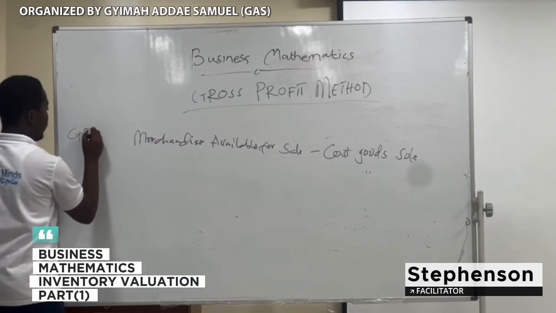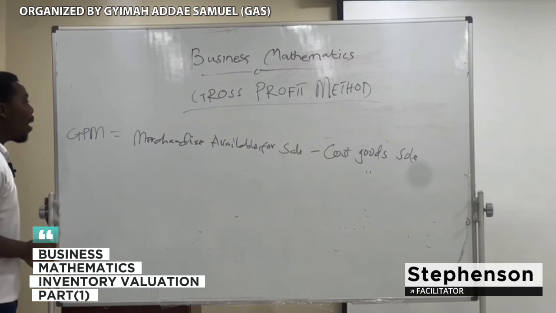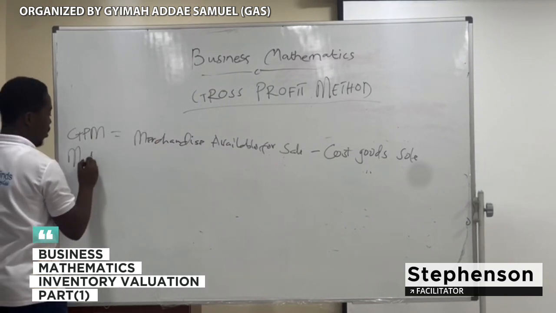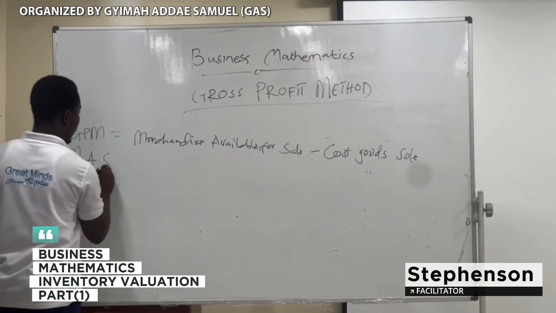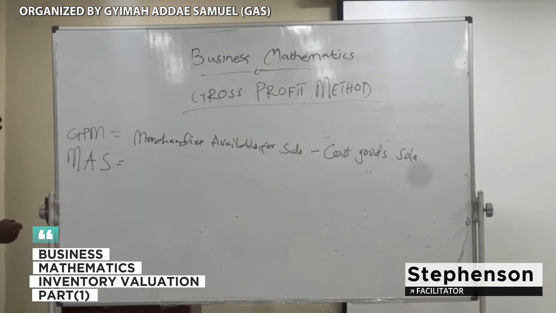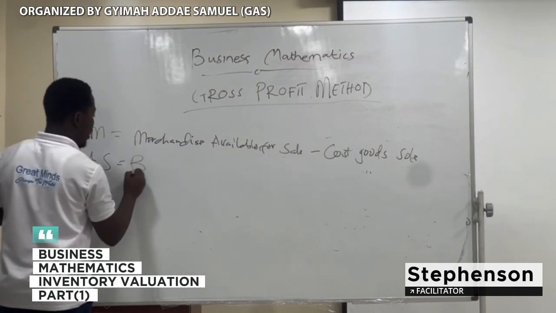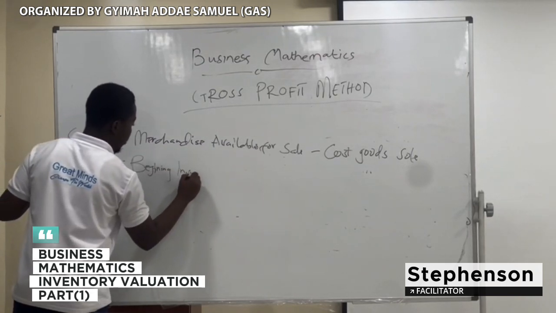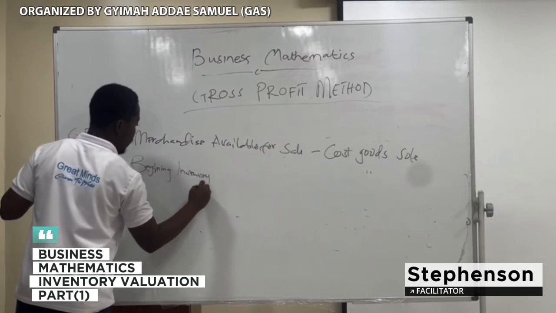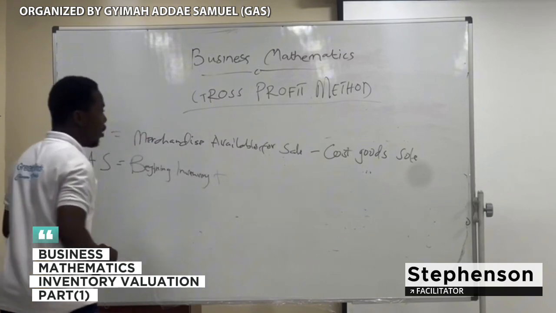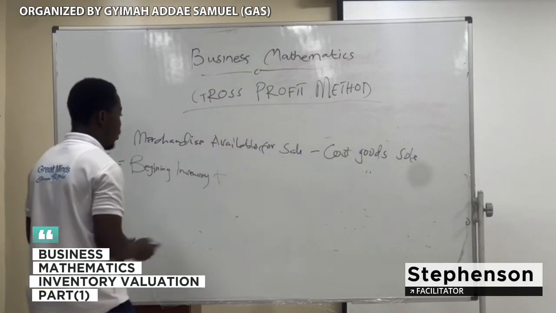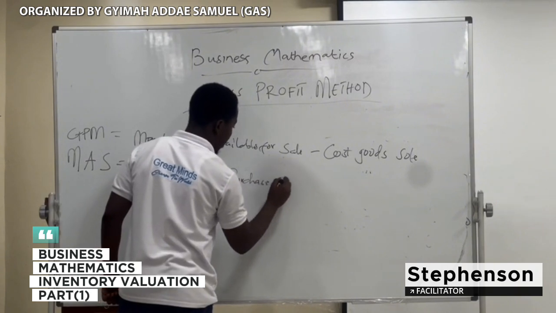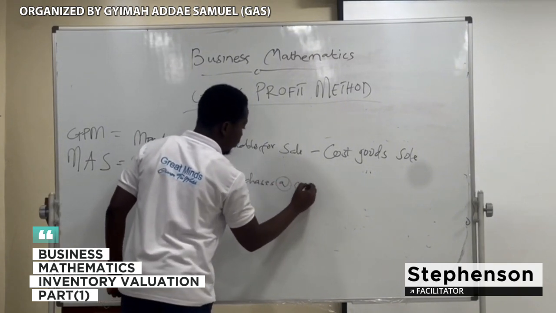So this is the gross profit method, whereby our merchandise available for sale is equal to our beginning inventory plus purchases at cost.